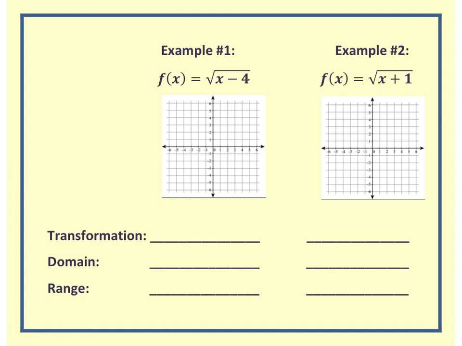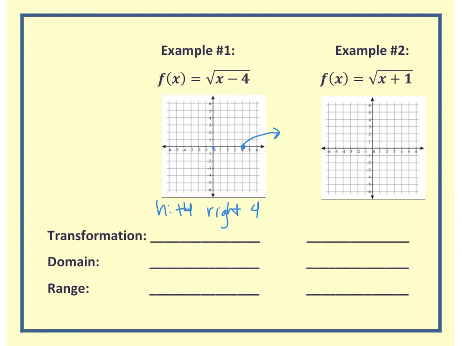So let's try 2 examples together. Okay, h has to be underneath your radical, but h, we're always going to change the sign. So my h is really a +4. So this graph is going to the right 4. So we started here originally, but the graph is now shifted to the right. And so this graph is going to go that direction. What's my domain?